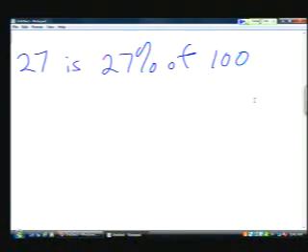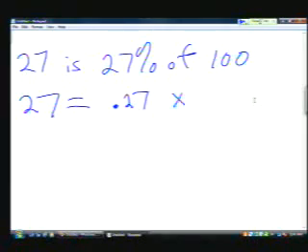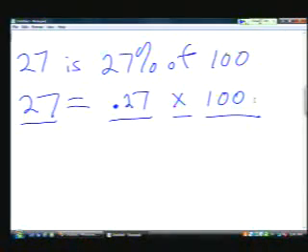Now, one of the things I didn't spend much time, or hardly any time, on is translating a sentence that involves percent into an equation. That's why I want to spend the last about 6 minutes here. 27 translates into equals. Then, Rachel, we're going to borrow what you told us, that 27% is 0.27. Of means times, so 27 is equal to 0.27 times 100. And that is a true statement, isn't it?